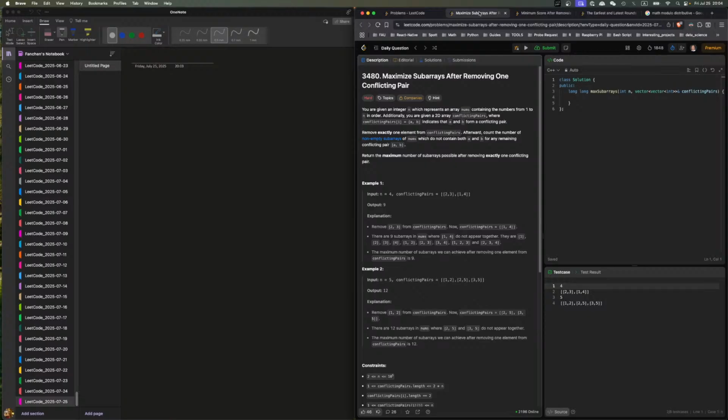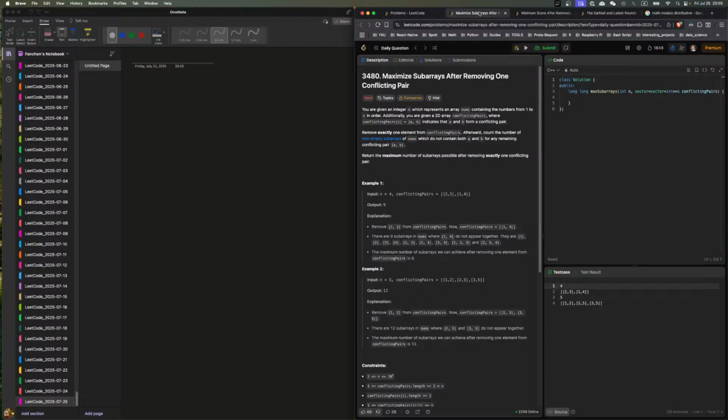Remove exactly one element from conflicting pairs. Afterward, count the number of non-empty subarrays of nums which do not contain both A and B for any remaining conflicting pair. Return the maximum number of subarrays possible after removing exactly one conflicting pair.